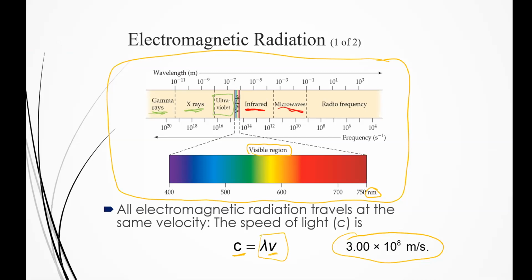We can also be talking about things like microwaves. When we call it a microwave oven, it's because it's using electromagnetic radiation, but with a wavelength in this range. And larger than that are things like radio frequency, wireless internet, TV, right? All of those are just different types of electromagnetic radiation.